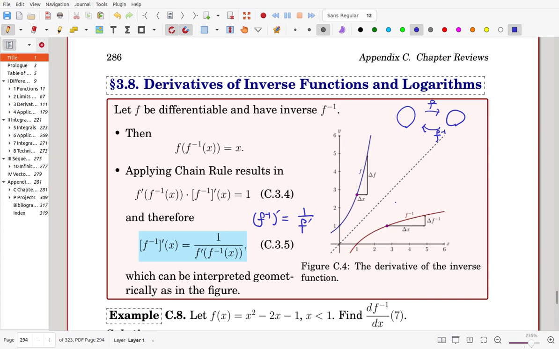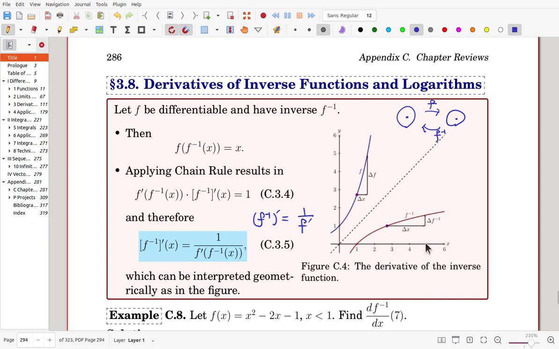So here x, in this notation, is now in this area, the right side, but f is defined only here, so you have to find first the corresponding point here, and then you have to evaluate f prime at the point. And so along with that identity, you can get it.